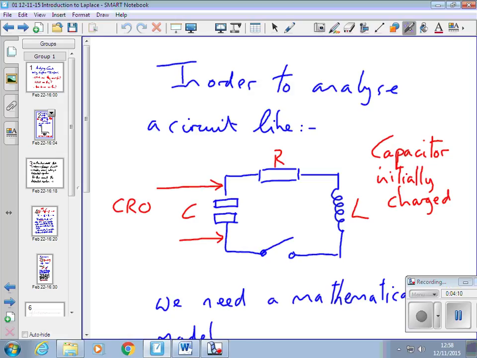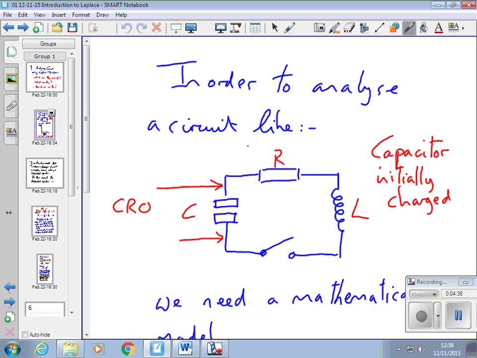Before I turn on the switch, what do you think the voltage might be across the capacitor? What do you think the voltage might be across the resistor and the inductor, if I were to measure them? Across what?